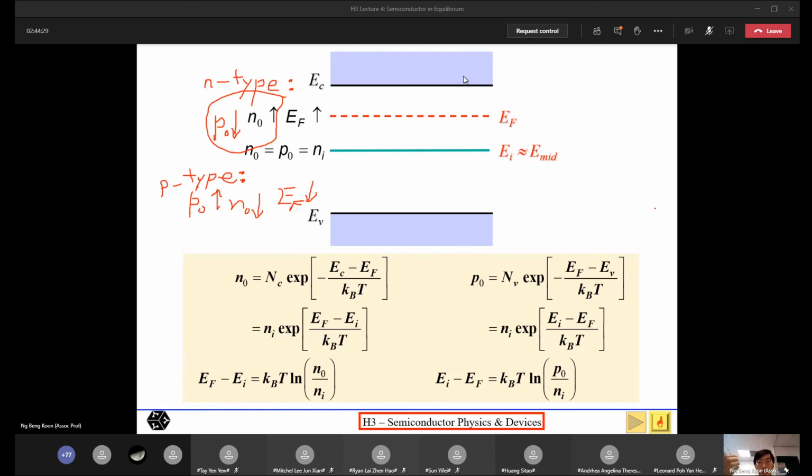And that basically results in the minority carrier dropping below the original Ni value, so that overall the generation and recombination balance again to get to thermal equilibrium. Okay, I see. Thank you. Later on, when we talk about recombination, I think it will become clearer for this part.